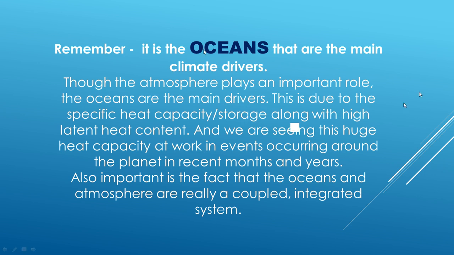Ocean heat content, along with the high latent heat content. Latent heat energy: in wintertime, walk along a river where there's some open water, and you see what looks like a little foggy thing on the surface of the water. That's because the water is warmer than the air. It's giving off its latent heat energy to the atmosphere, and you get that foggy effect.